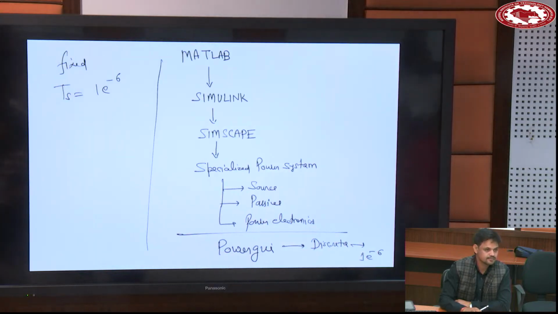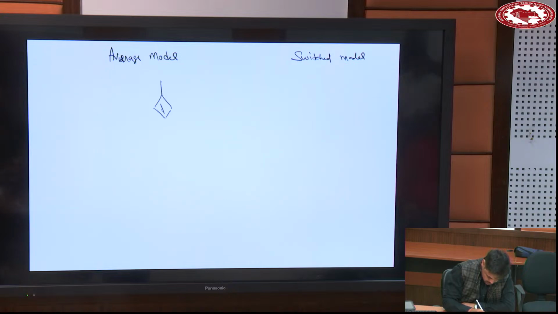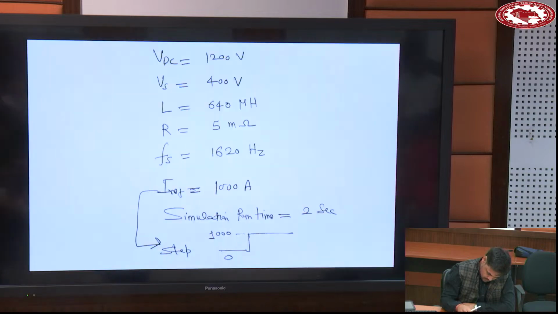Is this okay? The objective is the same: we want to control the current at 1000 ampere. A step change is there, half bridge is there. I will model this as average and switched. In average, it will be D. I have written it in the step change. Make it 1 second step change.